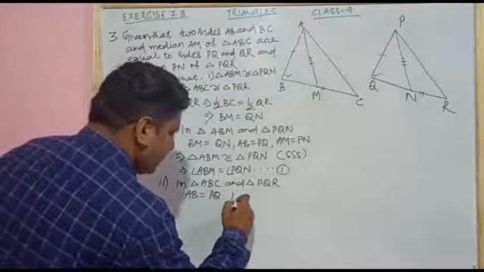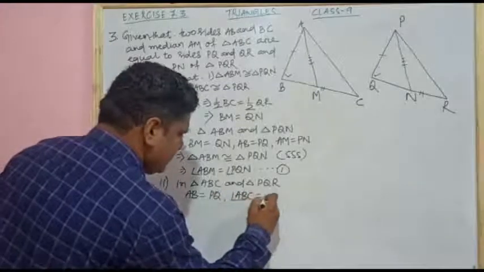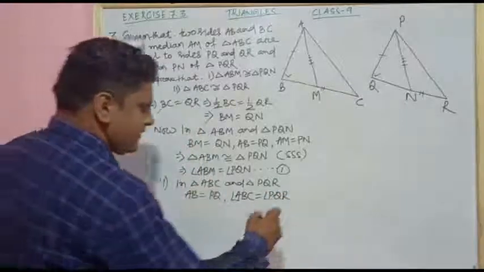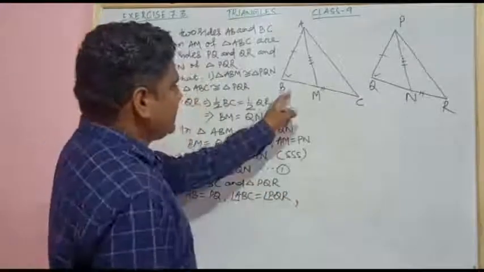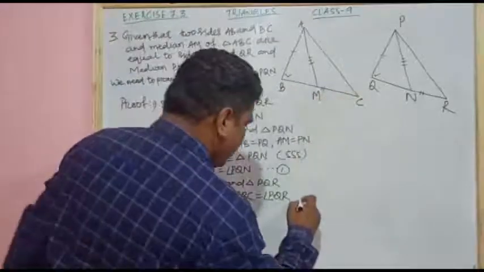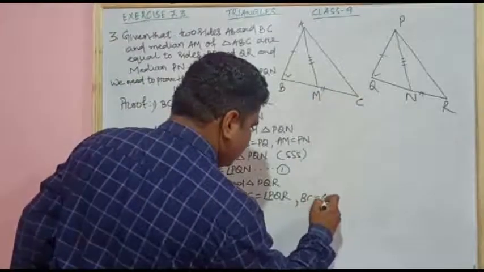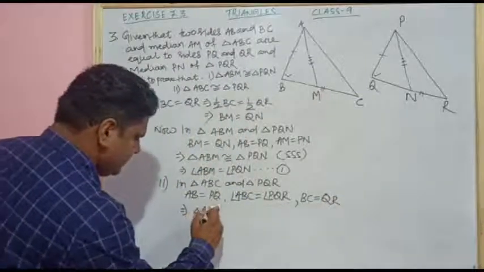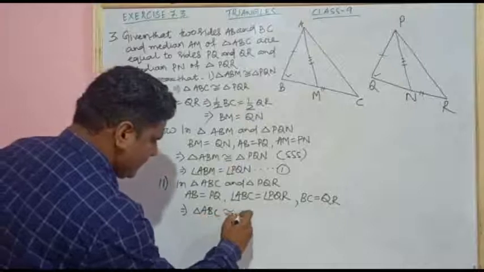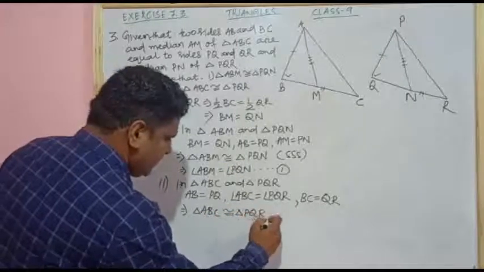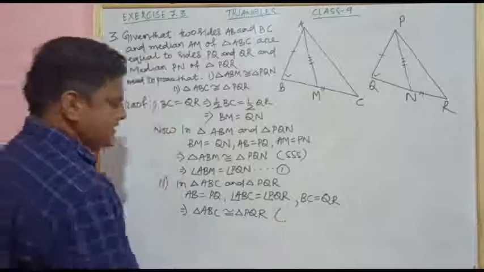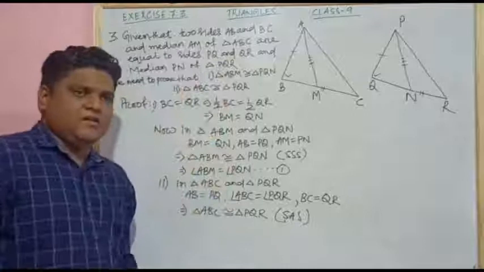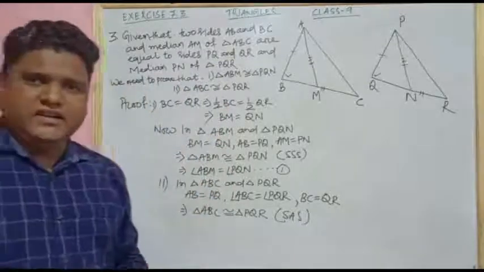So angle ABC is equal to angle PQR from equation 1, and it is also given BC equal to QR. So this implies that triangle ABC is congruent to triangle PQR by SAS criterion of congruence of triangle. Now our number 3 is completed.